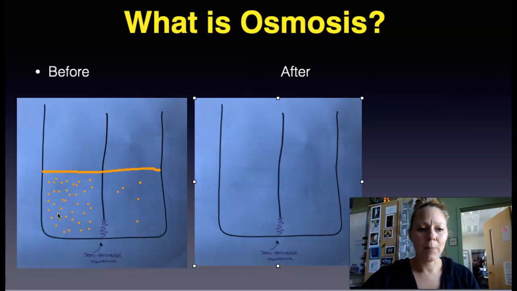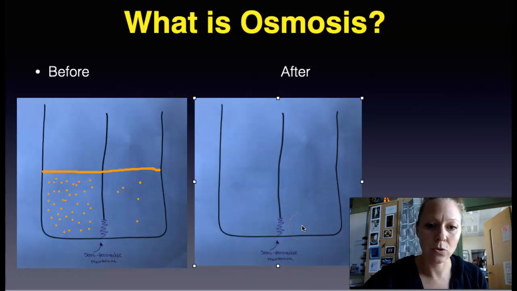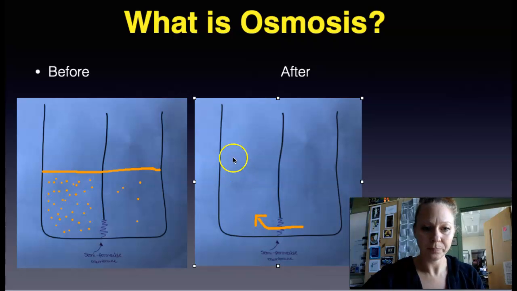And so what's going to happen? We said that only water can pass through this membrane and salt cannot. So how is it going to reach equilibrium? What's actually going to happen is there's going to be a concentration gradient. If salt can't pass through, well then water is going to pass through. The concentration gradient is this direction. And so the water is actually going to defy gravity.